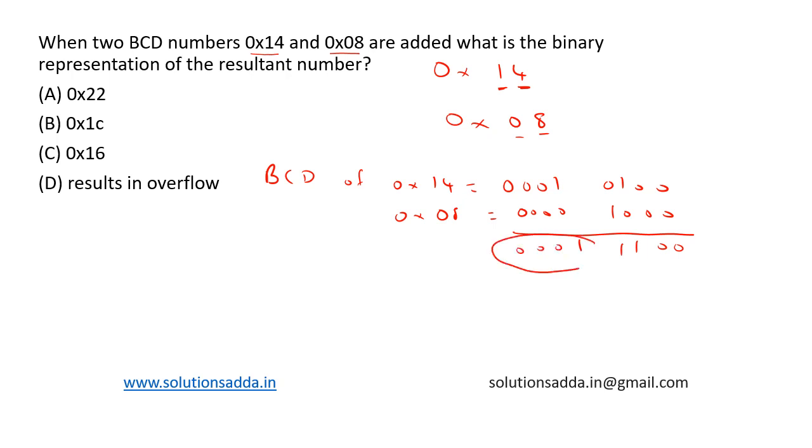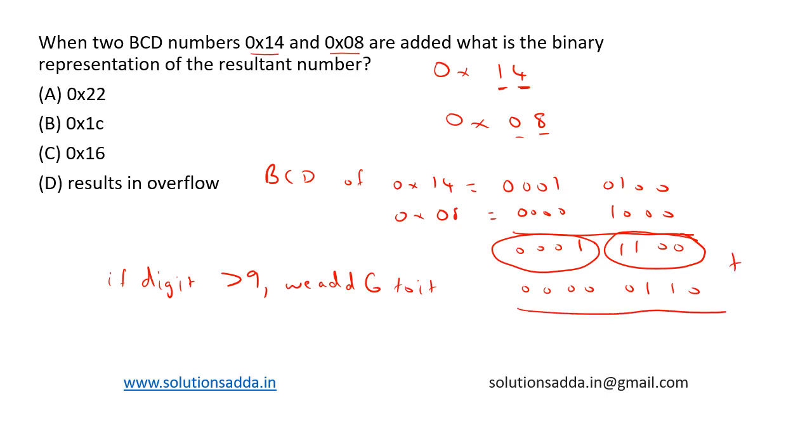This is the first digit and this is the second one. Now there is a rule that in BCD addition, if a digit is greater than 9, we add 6 to it. So this is greater than 9. So let's add 6 to it. Here we are simply adding zeros, and here we are adding 6.